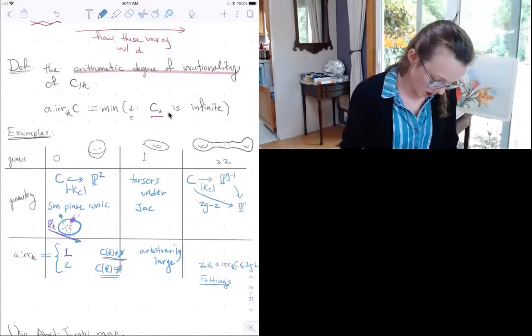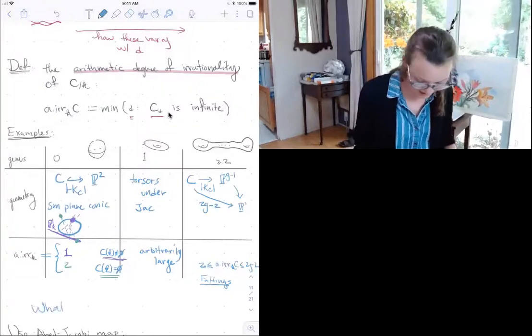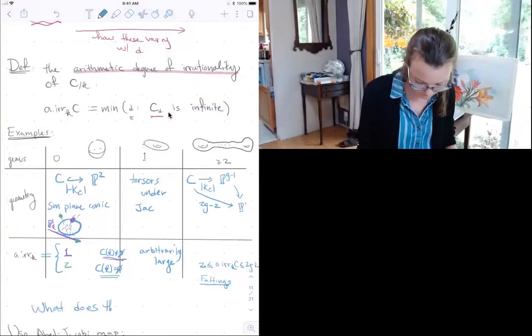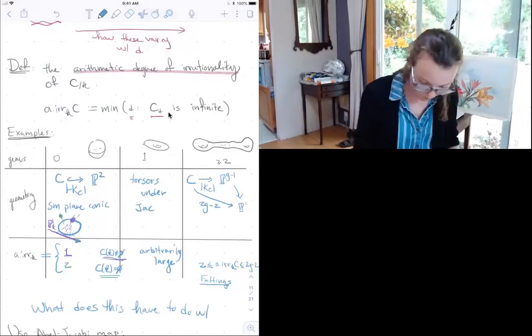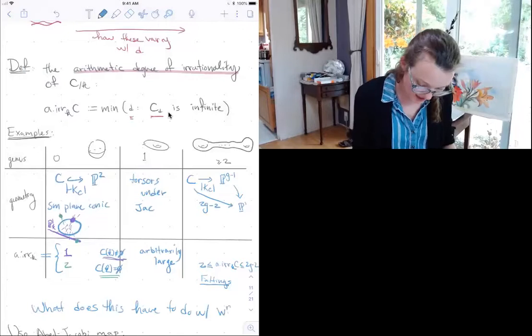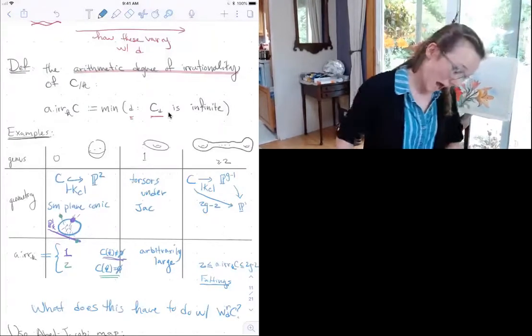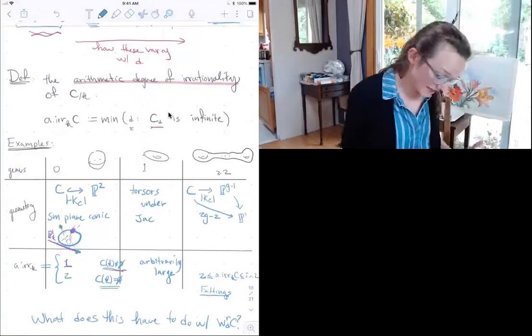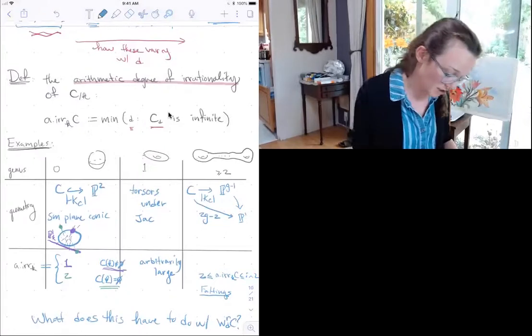All right, so you might ask yourself at this point, what does this have to do with W^0_d of C, which I think is a very reasonable question. And what it has to do is I can give you an alternative definition of the arithmetic degree of irrationality.